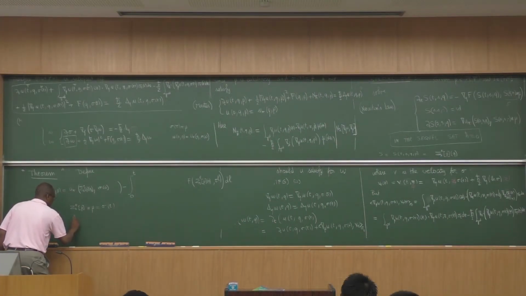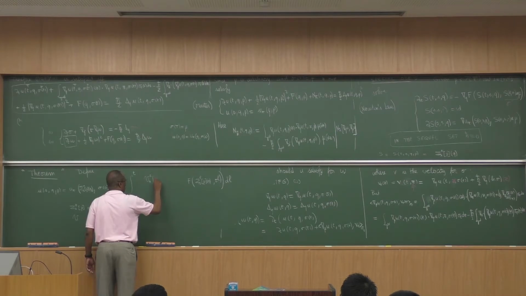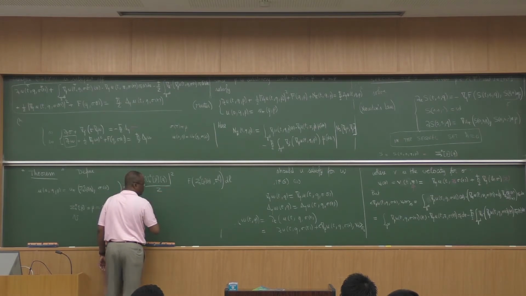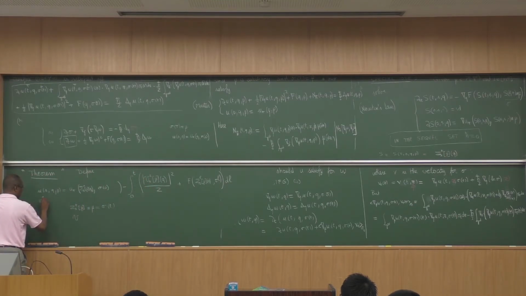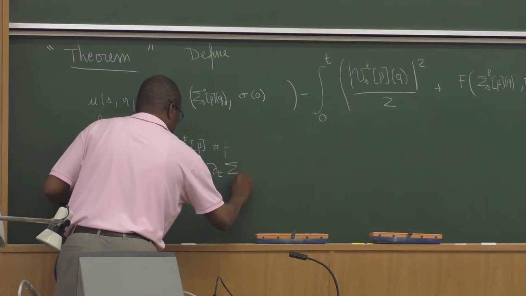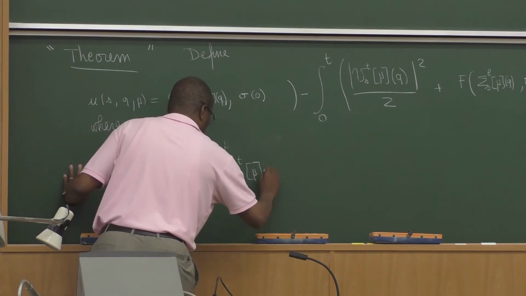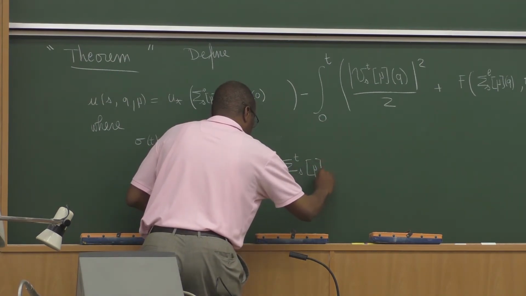So V, I have V S T mu of Q square over 2 plus, where sigma T is defined this way, and V S T mu is defined as the derivative with respect to time, sigma S T mu. Composition, sigma S T mu inverse.